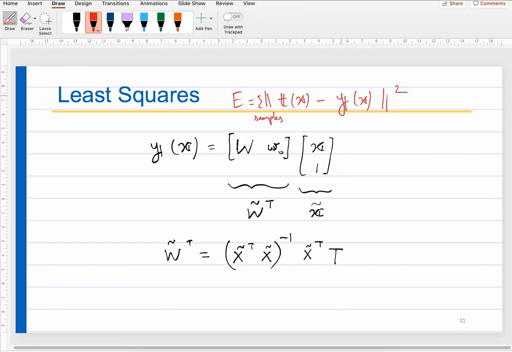We have seen that. We have also seen ridge regression, lasso, all these things, right? So basically, all those methods can be used to find the optimal values of the weights.